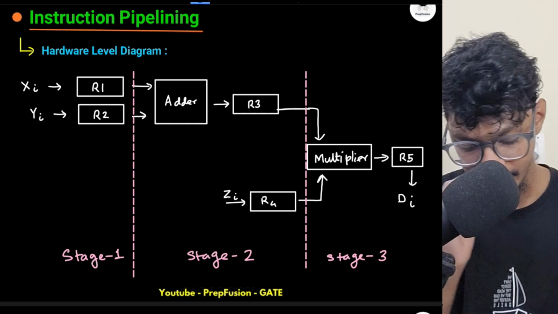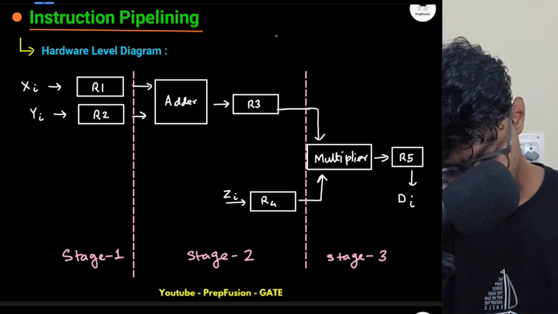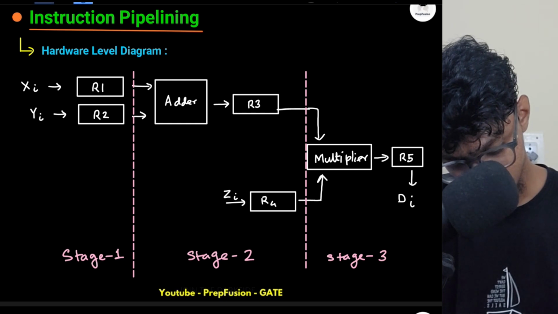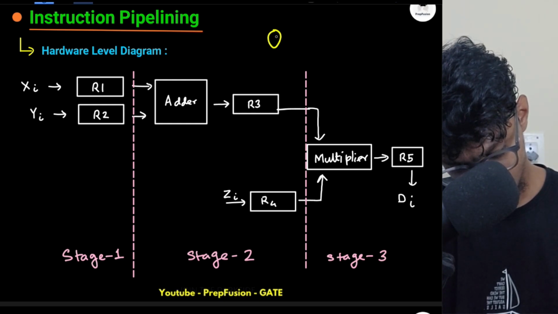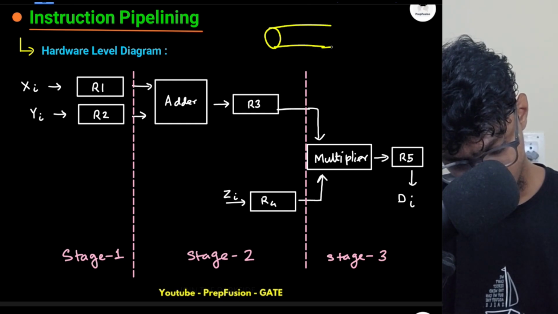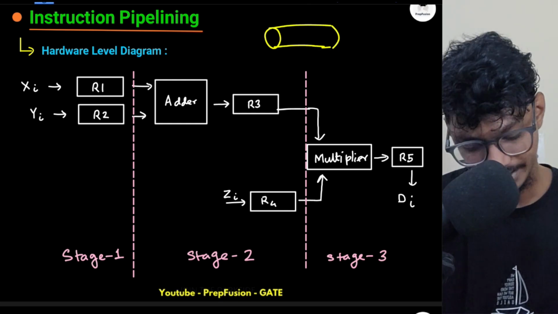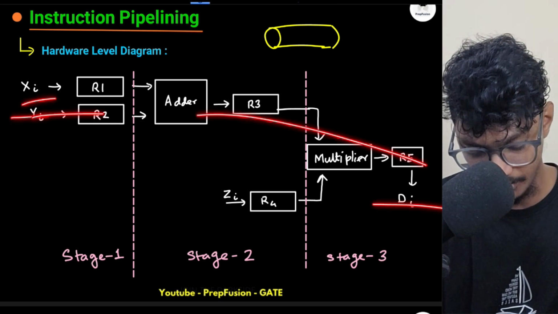What is happening in hardware is just like a pipe. Why is this just like a pipe? Because data is flowing in here and coming out of this.